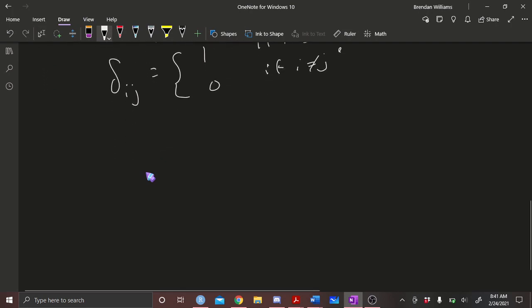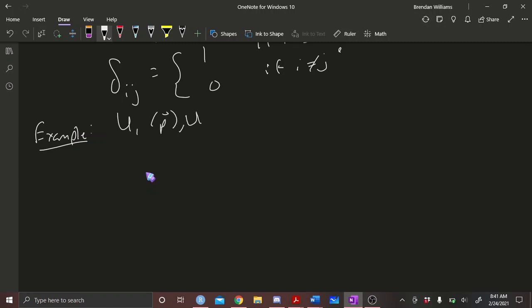As an example, we can say that u sub 1 of p, u sub 2 of p, u sub 3 of p is a frame at p.